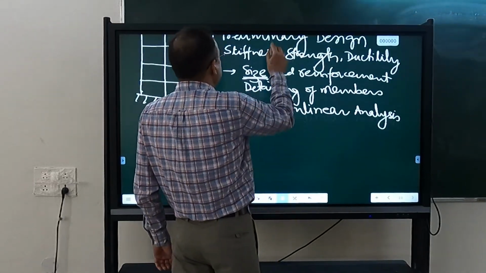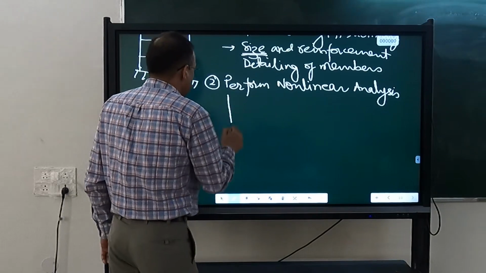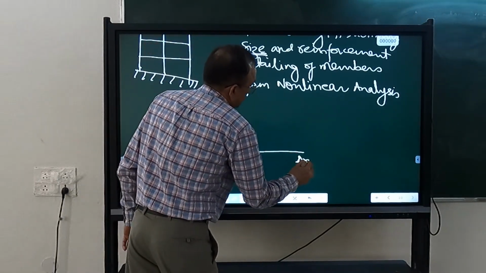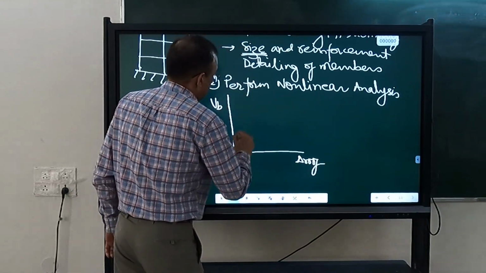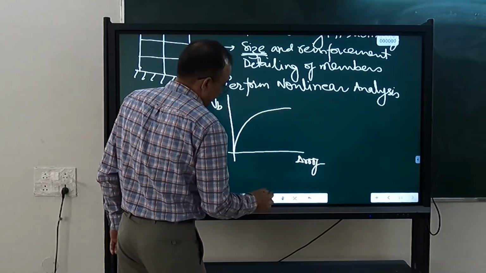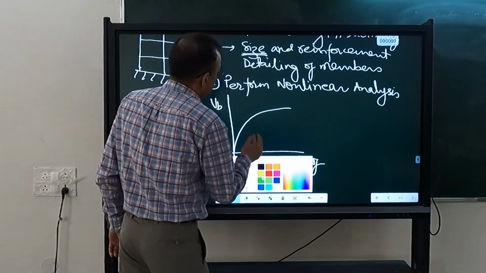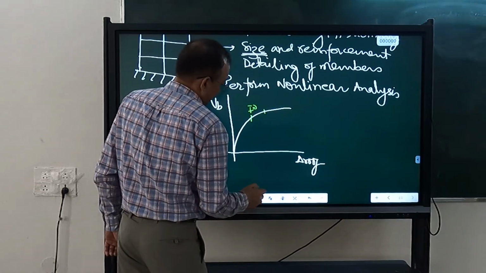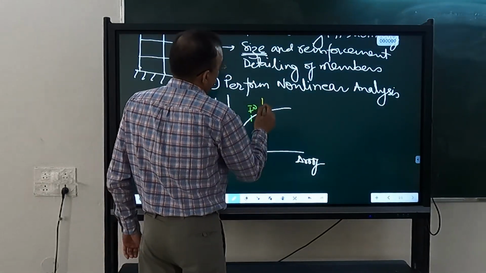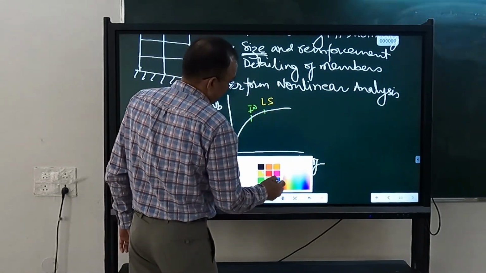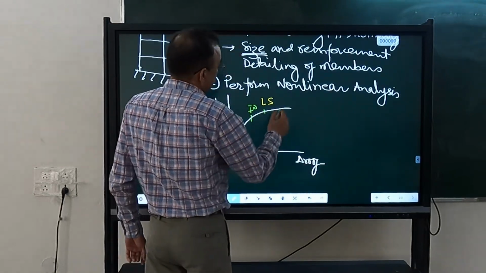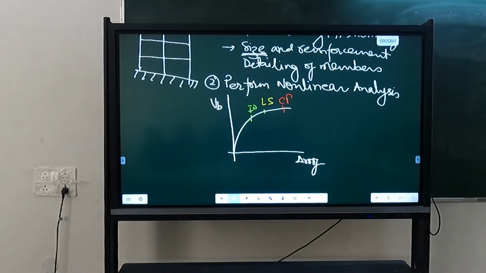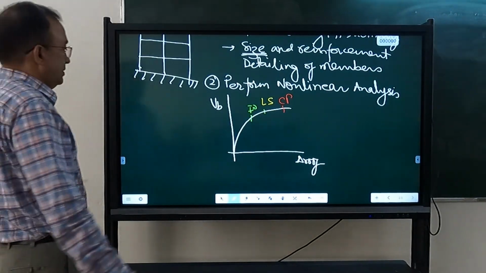What will this nonlinear analysis give you? This nonlinear analysis will give you a capacity curve. And on this capacity curve, you will get IO, you will get LS, and you will get CP. Okay. Now you will do two things.